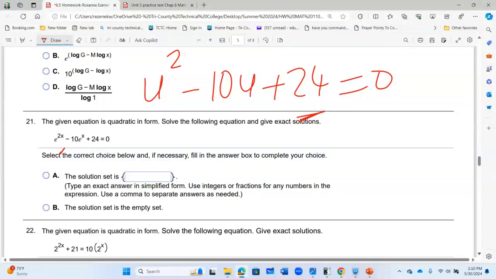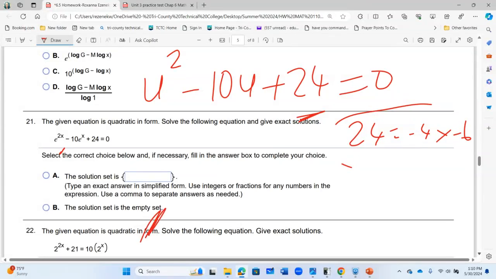What are the factors of 24? 4 times 6 is 24. So we can say that 24 is equal to negative 4 times negative 6, and we can solve that problem. I will let you finish it because we don't really have all the time. The same thing with number 24 here.